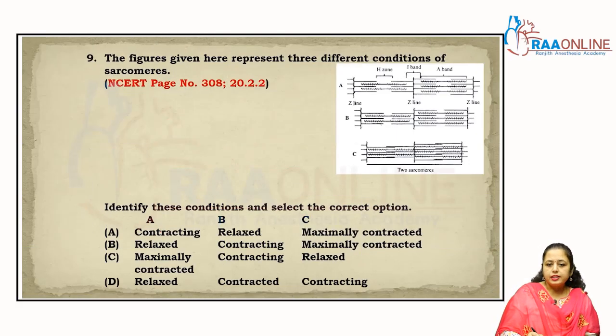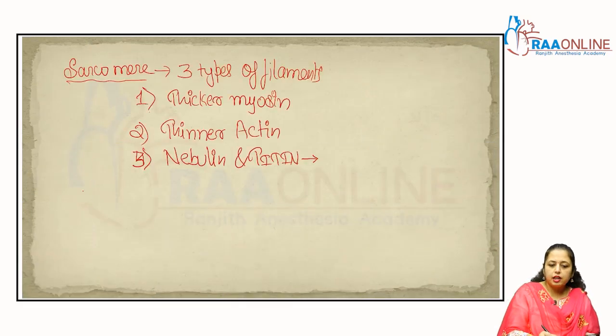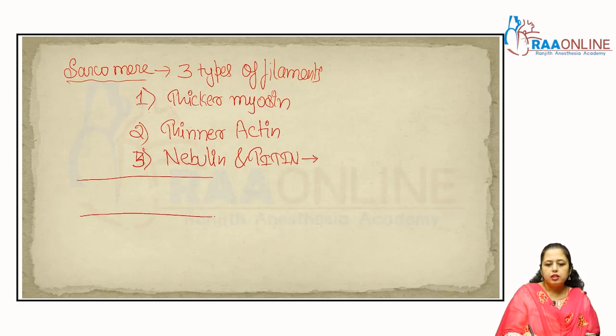So in that sarcomere, two types of bands are there, which are arranged in the form of alternate bands, right? The dark band and light band.